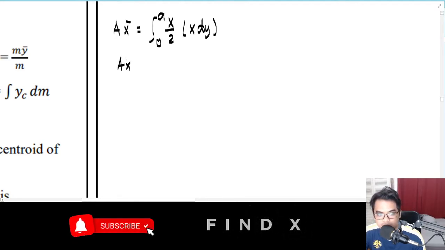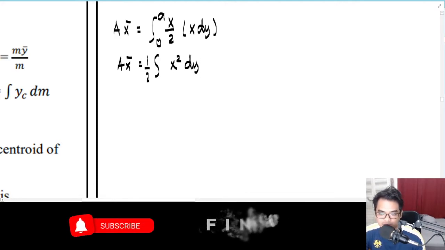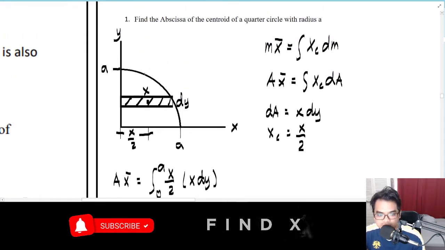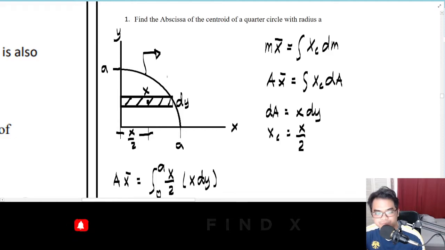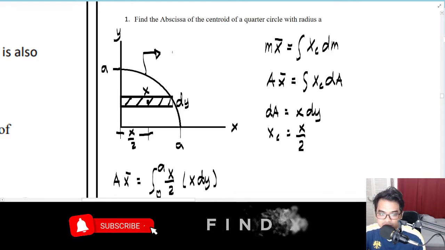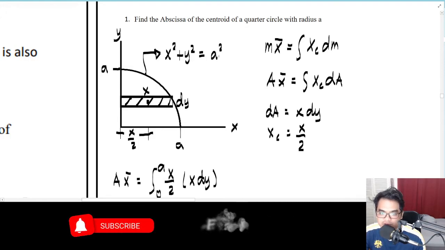So a x bar equals the integral of, I can bring out 1/2, so this will be x squared dy. Since this is dy, we have to make x squared in terms of y. Going back to the figure, remember that if that is a circle, the equation of that circle, using your analytic geometry knowledge, is x squared plus y squared equal to a squared, since a is your radius.